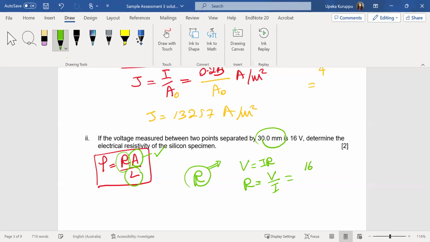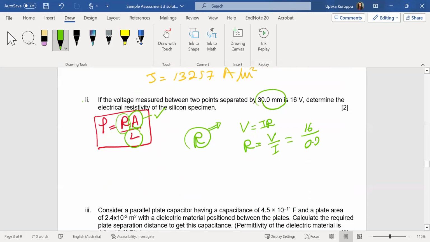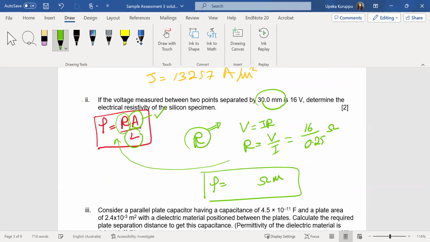Voltage is given to you. Current is given at the top in the question, which is 0.25. So you can find the resistance in ohms and put it here, and the resistivity is in ohm meters. Do you remember this? We did it in the practical last week.